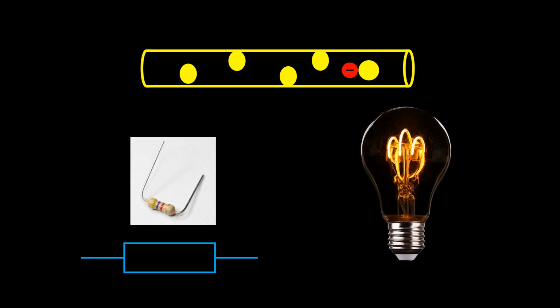The electrons transfer their kinetic energy to the atoms of the wire, and it causes them to vibrate. The faster they vibrate, the hotter they become. When atoms have become very hot, they give out light. And this is how old-fashioned light bulbs give out white light, allowing us to see in the dark.